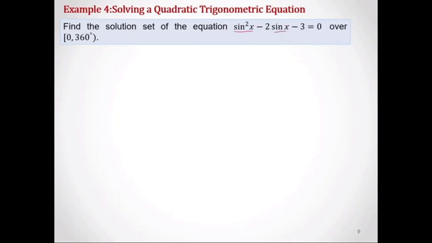We can try to factor it if possible, and then solve for sine x. So first, how can we factor it?